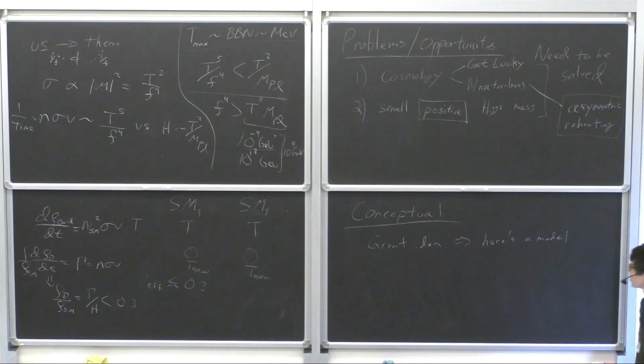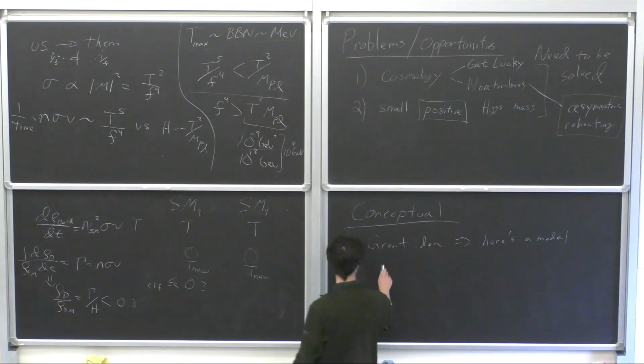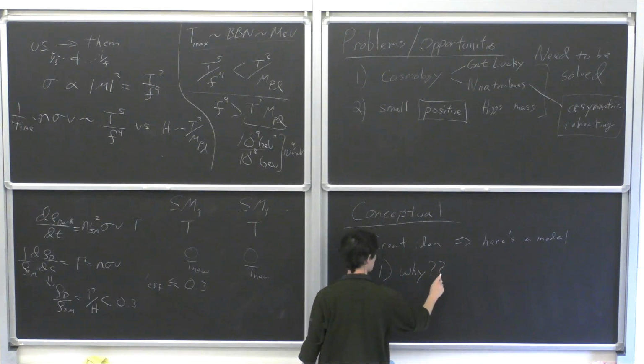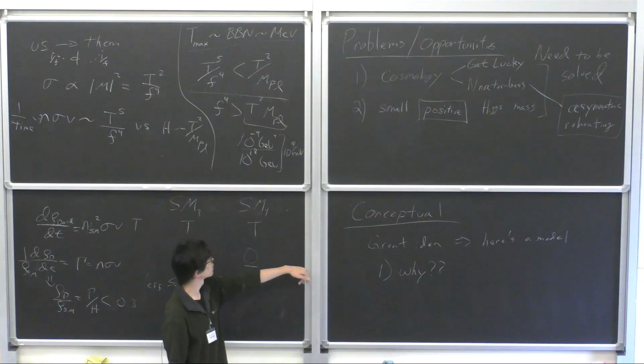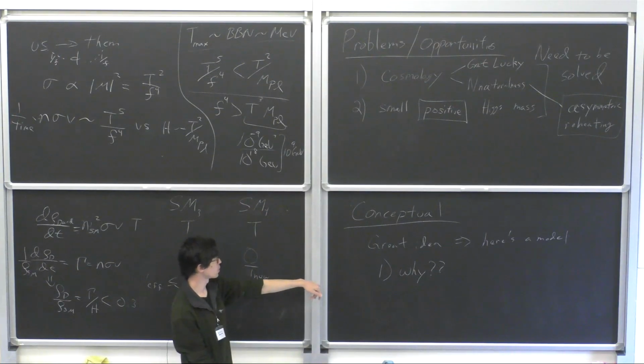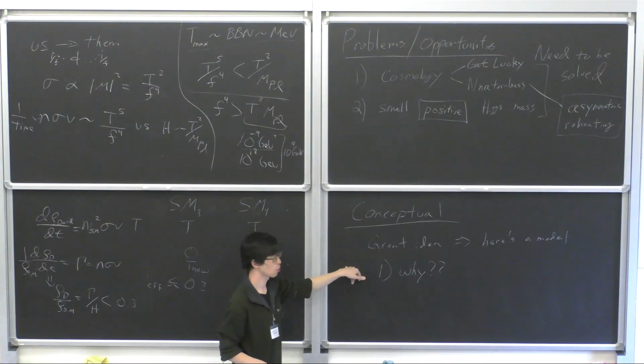And so, for me, why does this work? And to me, why it works or doesn't work will basically tell you whether it is possible to get around this factor of 100, right?